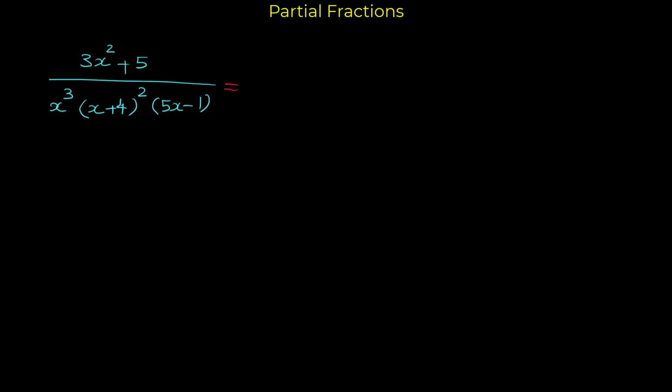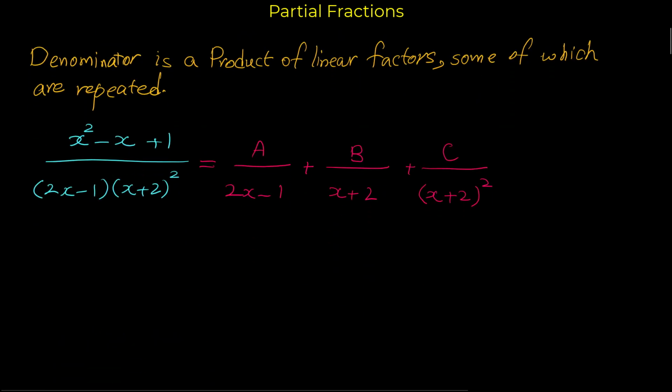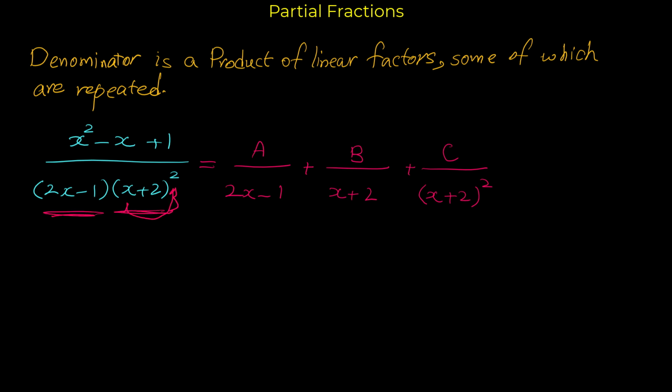Also, in the previous example, the degree of numerator is 2, but the degree of denominator is 3. Here, in the first bracket we have x. In this bracket, x raised to the 2, so we have x squared, and this x squared times this x in the other bracket would be x to the 3. So the degree of denominator is 3, which is more than the degree of numerator, and so we don't need any long division here.